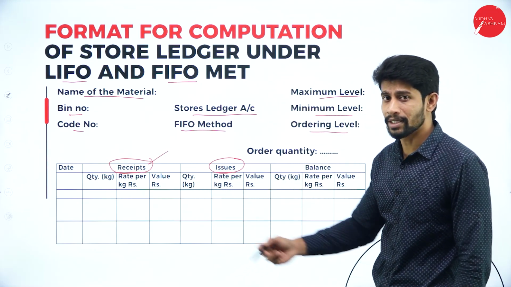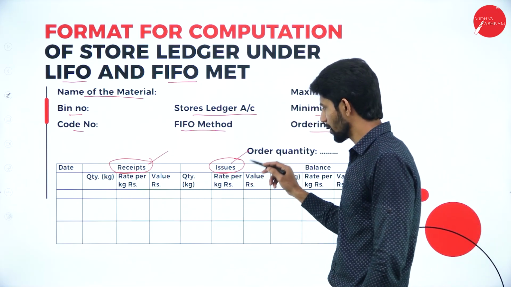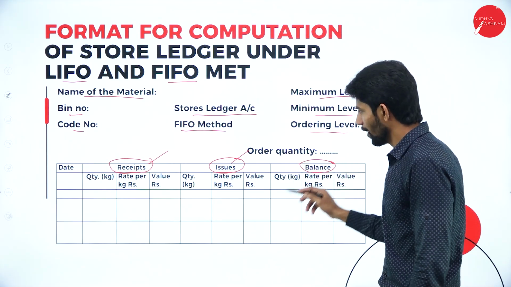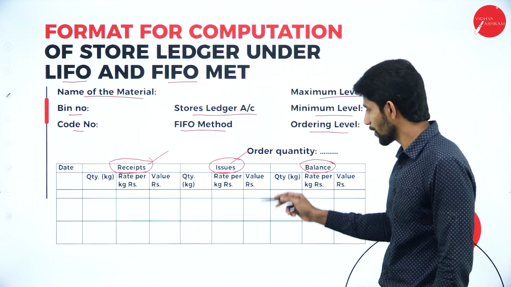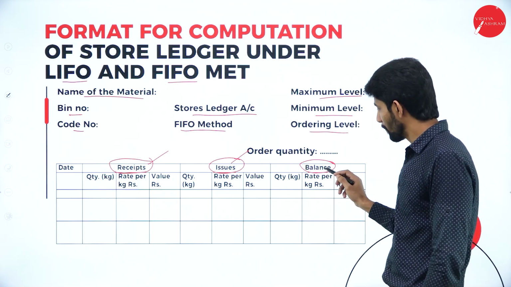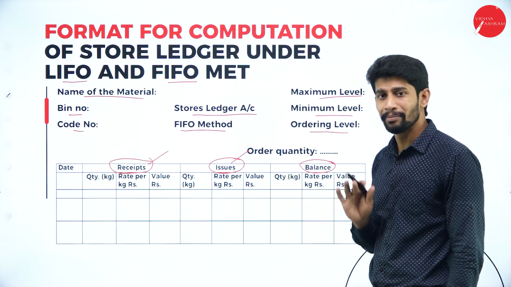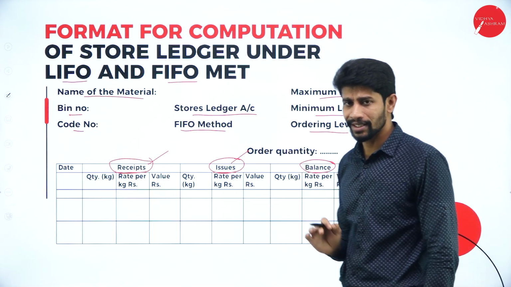If you are issuing the material to the departments, then you write in the issue column, and whatever balance is available after purchasing or after issue of the material, that balance you write in the balance column. This is how you maintain the store's ledger account.